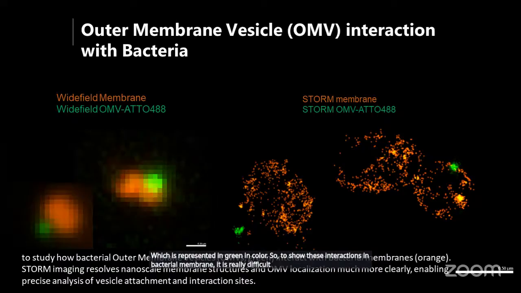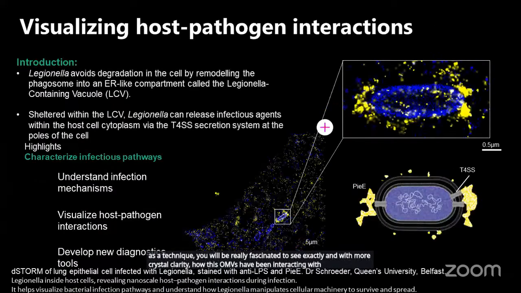People who try this on confocal would have got images like this, where you cannot understand whether your OMVs have been attached to the cell membrane or not. Using SMLM as a technique, you will be fascinated to see, with crystal clarity, how these OMVs have been interacting with the membranes.